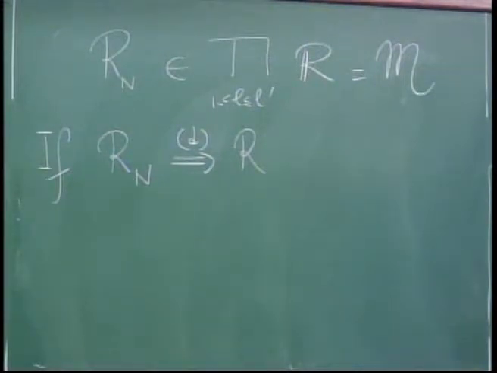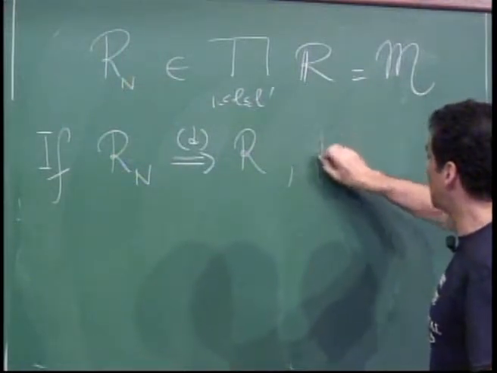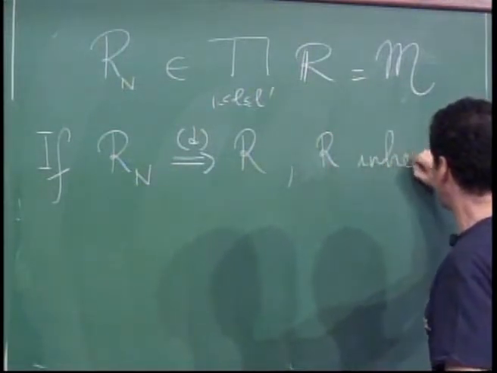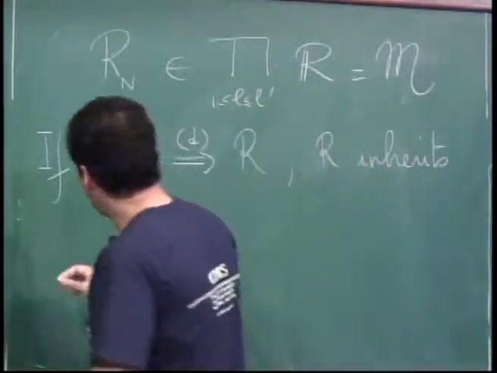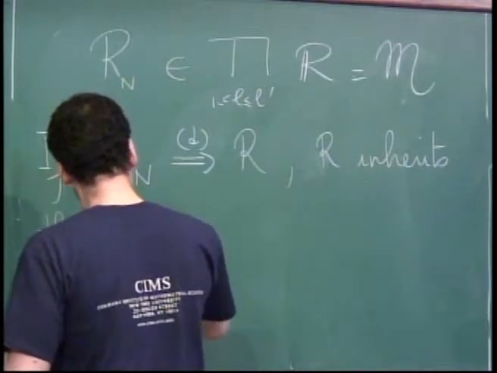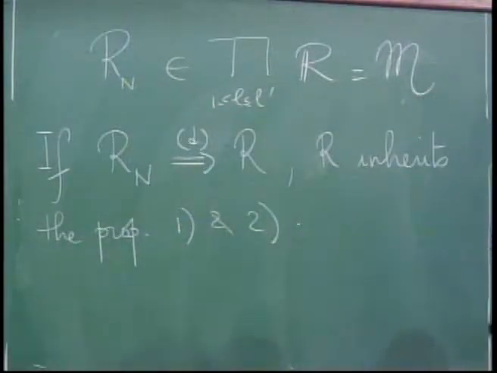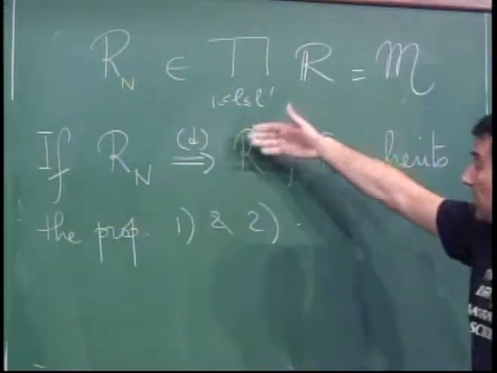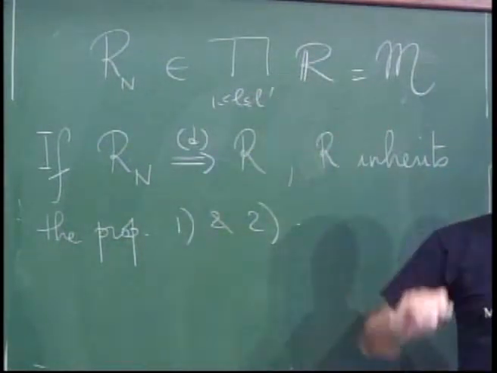Of course, R is a random thing because it's a distribution, but it inherits the properties 1 and 2, right? Because these properties were only on the finite dimensional marginals, and that's what I'm looking at. So this limiting law will also be supported by symmetric, non-negative definite, and exchangeable things.